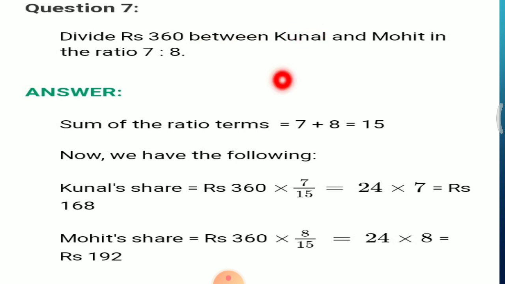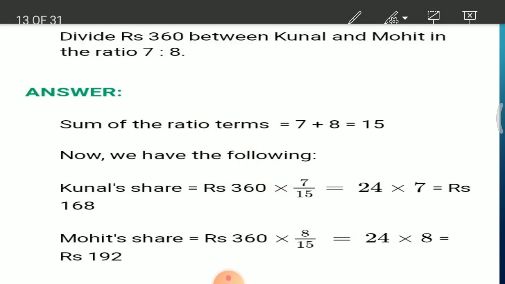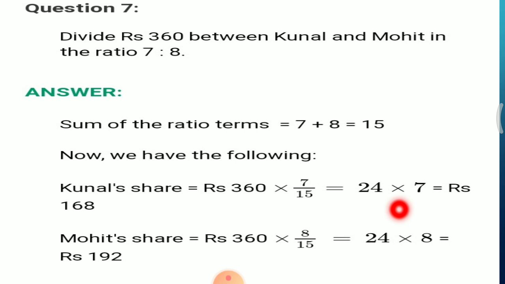Now Kunal's share is equal to 7 by 15 multiply 360. 360 will cancel by 15. So 24, 24 7s are 168. Means Kunal's share is equal to rupees 168 and Mohit's share is equal to 8 by 15 multiply 360. 24 8s are 192 rupees. Okay.